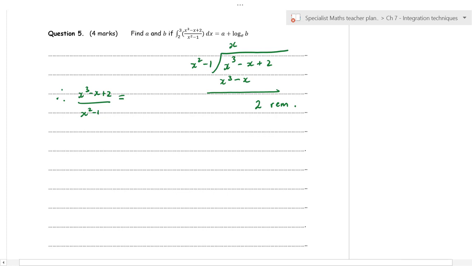X. So it is equal to x plus 2 over our denominator, x squared minus 1. Yes? Which is x minus 1, x plus 1. Correct? So now, let's see if we can do this. The antiderivative from 2 to 3 of x plus 2 over x minus 1, x plus 1.